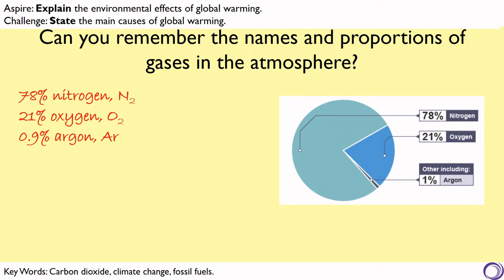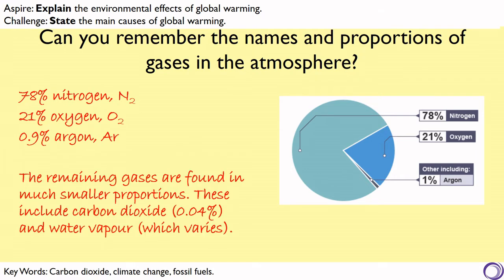Now, the remaining gases are found in very small proportions, and they include carbon dioxide, which is around 0.04% of the atmosphere, and water vapour, which varies depending on the humidity and the temperature.